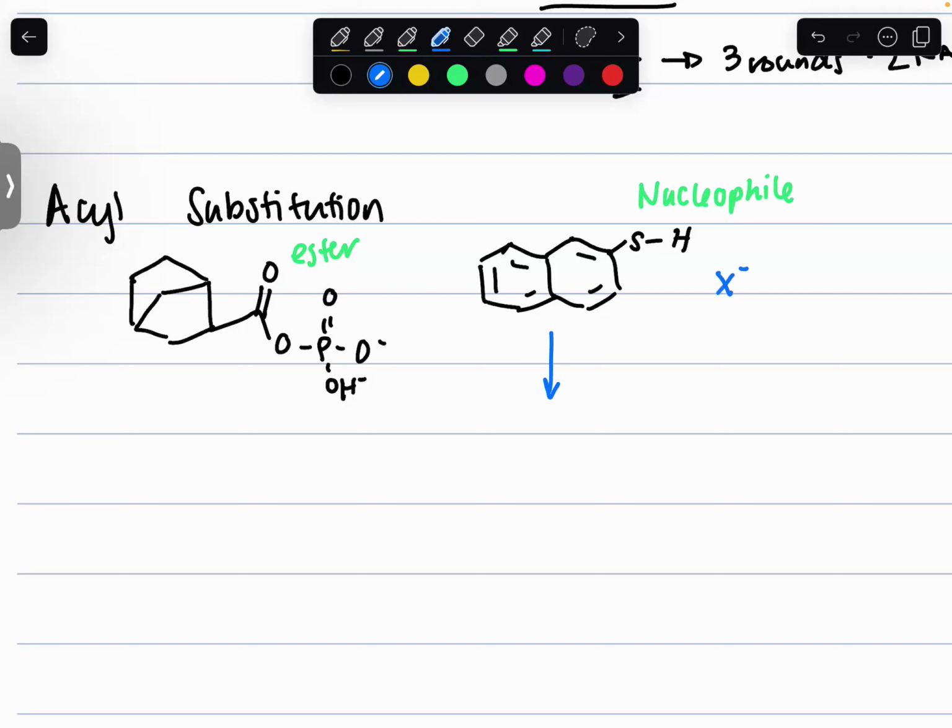So we'll have some base come in and deprotonate. Now that we have a nucleophile, what's our key thing about carbonyls? The carbon of a carbonyl acts as an electrophile. Should sound a little familiar maybe by now.